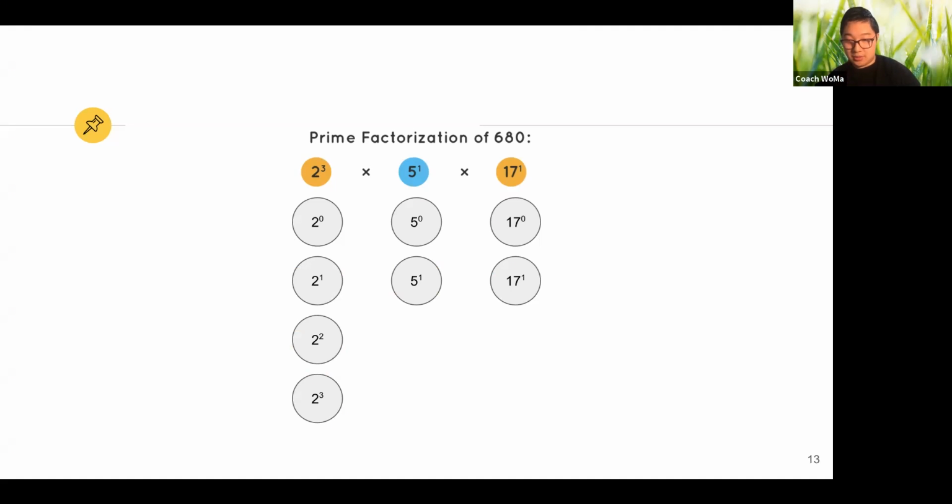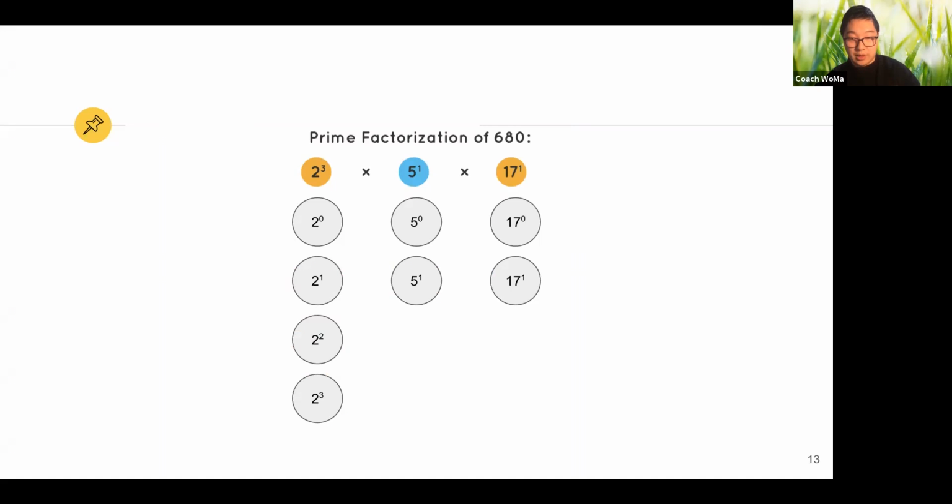So to go off of what Kaden said, you basically want some type of combination of the prime factors of 2, 5, and 17. And you only have at most 3 2s, at most 1 5, and at most 1 17.